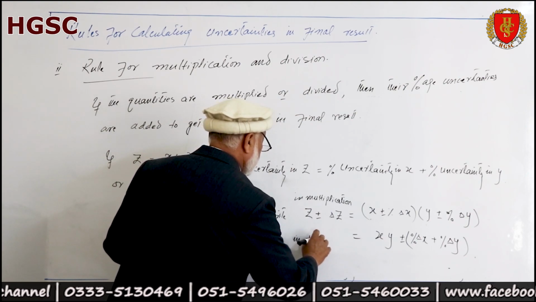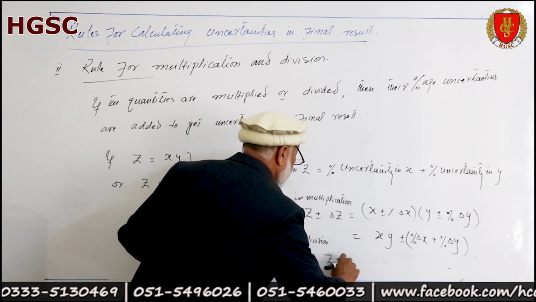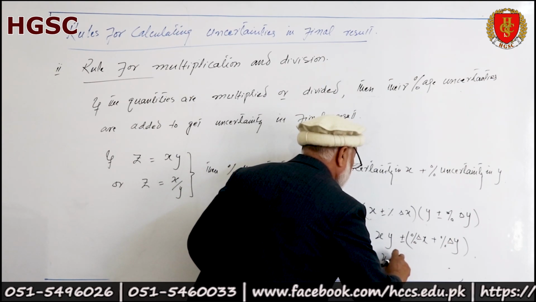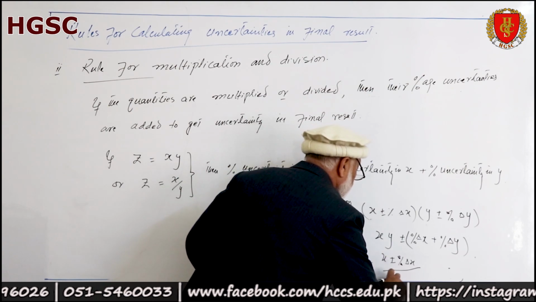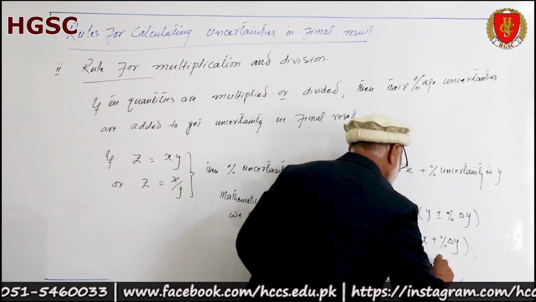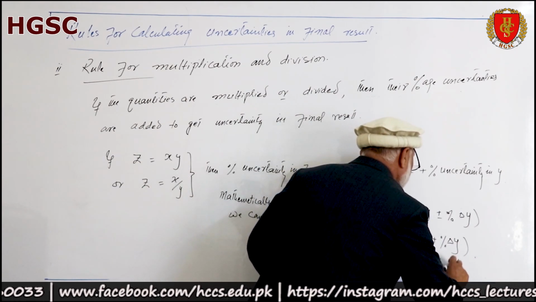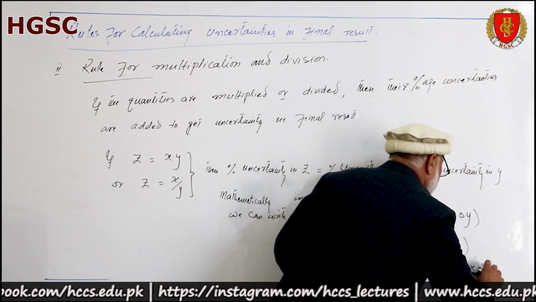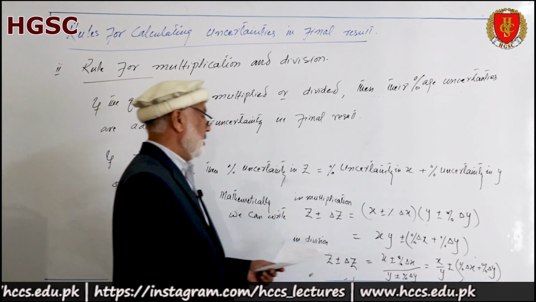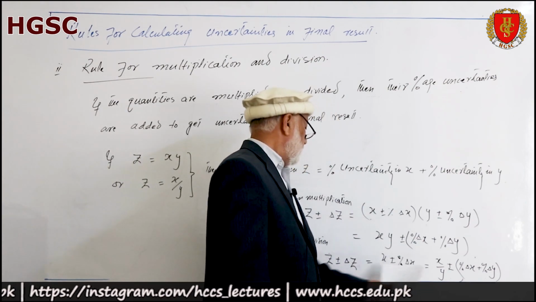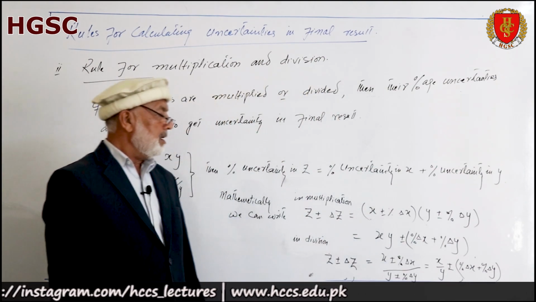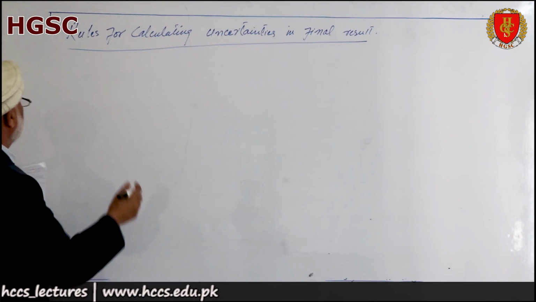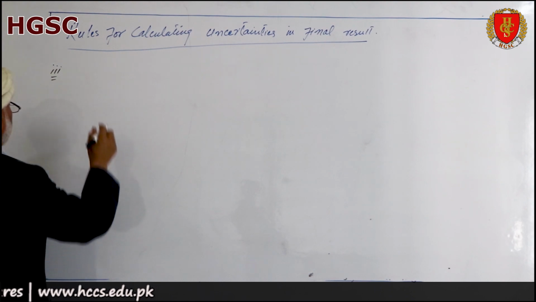In division, z plus minus delta z is equal to x plus minus delta x divided by y plus minus delta y, which is equal to x over y, plus minus percentage delta x plus percentage delta y. दोनों सूत्रों में चाहे हम मल्टीप्लाई कर रहे हों या डिवाइड कर रहे हों तो परसेंटेज अनसर्टेनिटीज हमेशा ऐड हो जाती हैं. इसके बाद there is another rule, the third one, rule for power of a quantity.